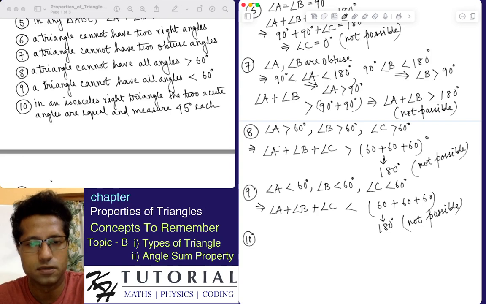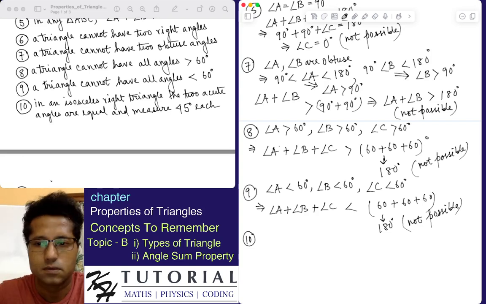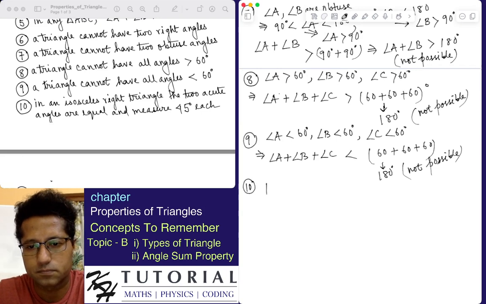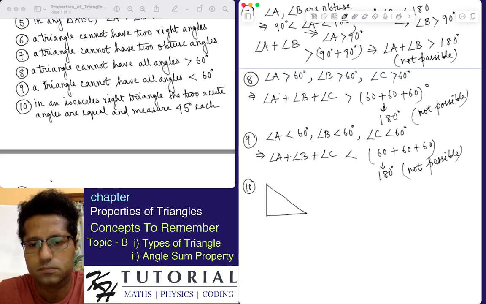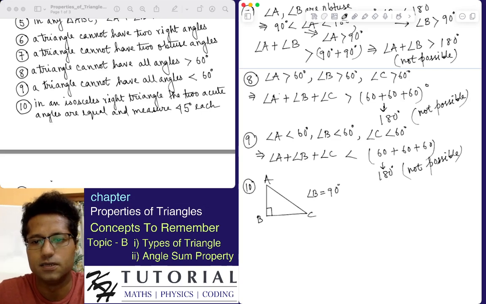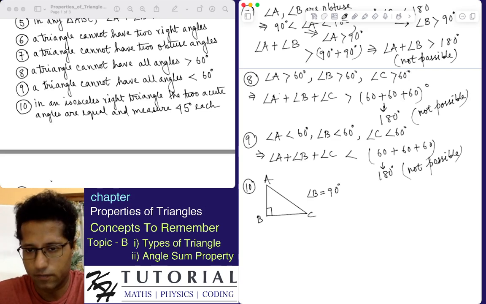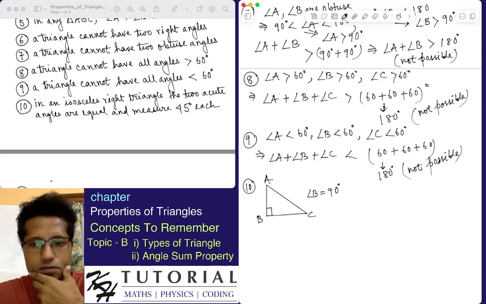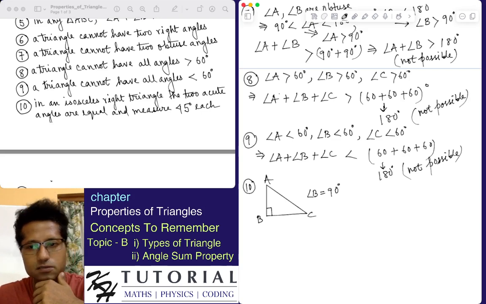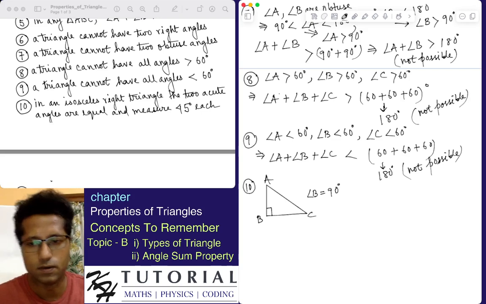So in an isosceles right triangle, we have this kind of triangle. Let's say A, B, C. Let's say angle B equals 90 degrees, and obviously, since we cannot have another 90 degree angle in a triangle, and since ABC is an isosceles triangle, two sides will be equal.